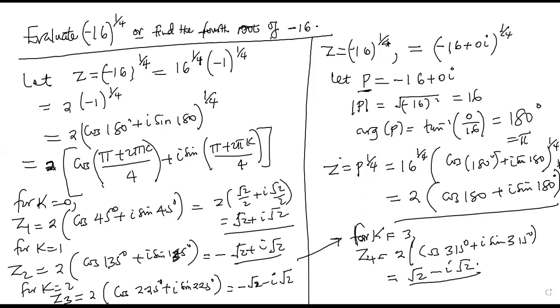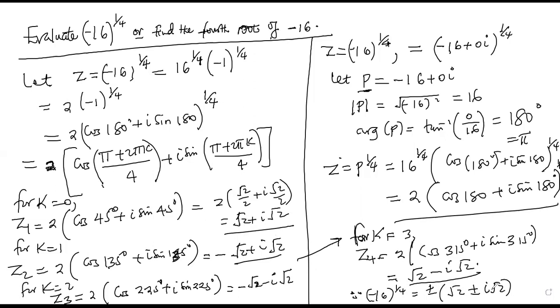Therefore, after getting Z4, we shall conclude and say the fourth root of -16 is going to be equal to plus or minus √2, whichever case, either positive √2 or negative √2. So that's why I'm saying plus or minus √2, then plus or minus I √2.